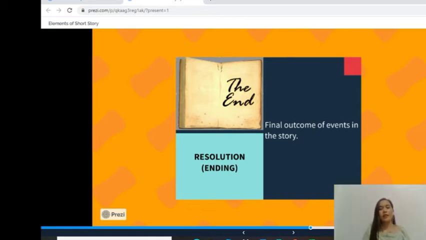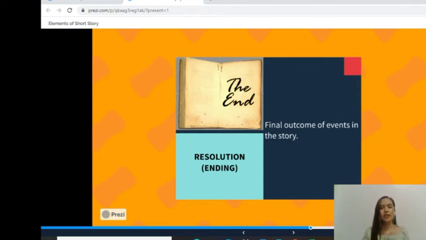This is the end of the story. The proper ending of the story is very important. You should not leave your reader hanging. Like, why? I don't understand what happened in the story. No, no, not like that.